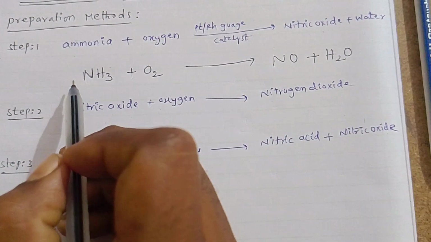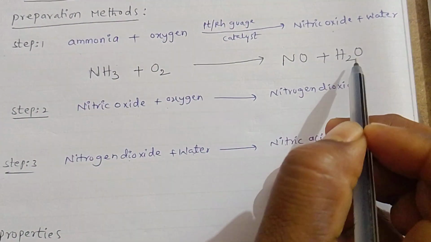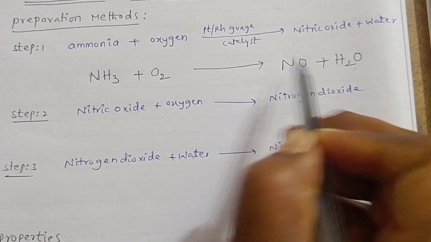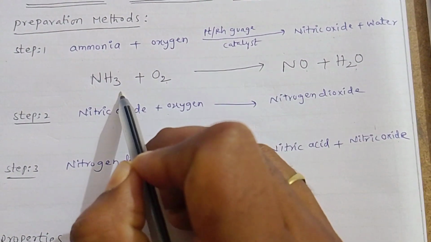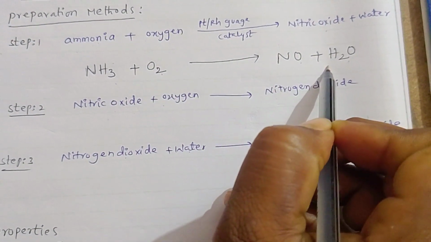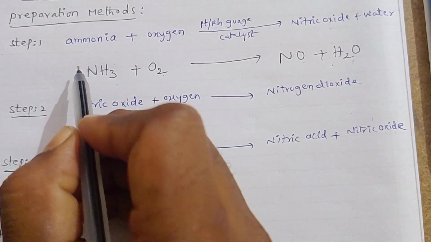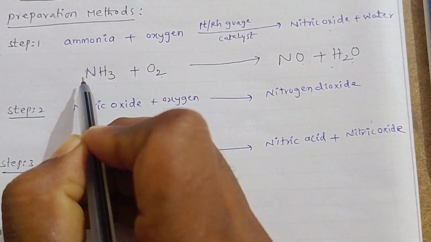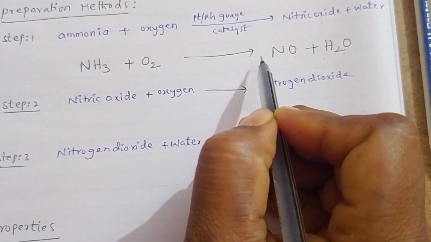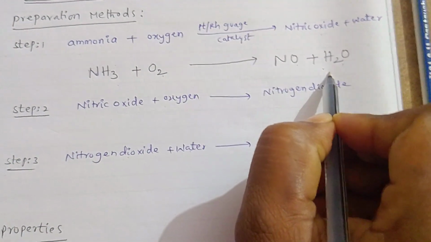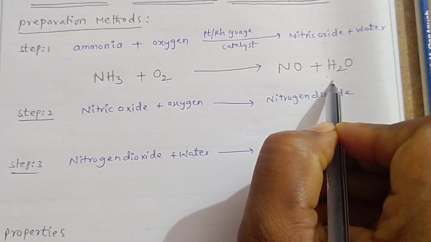Oxygens: here 1 and 1 plus 1, 2, and here 2, balanced. Hydrogens: 3, but here hydrogens is only 2. If you take 2 as coefficient, oxygen may not be balanced. If you take 3, hydrogens may not be balanced. If you want, you can try it with the ones 2 and 3.